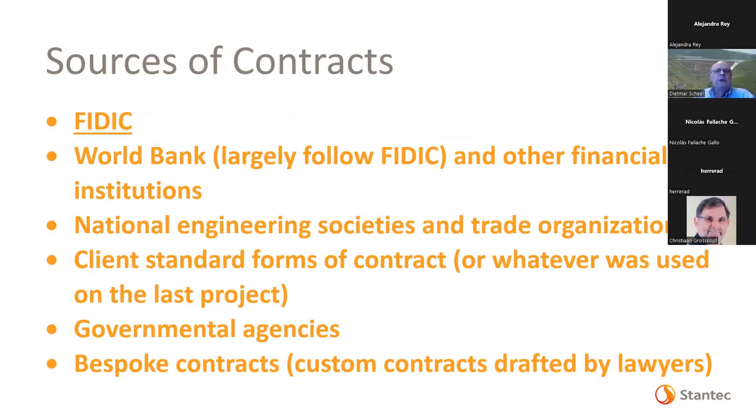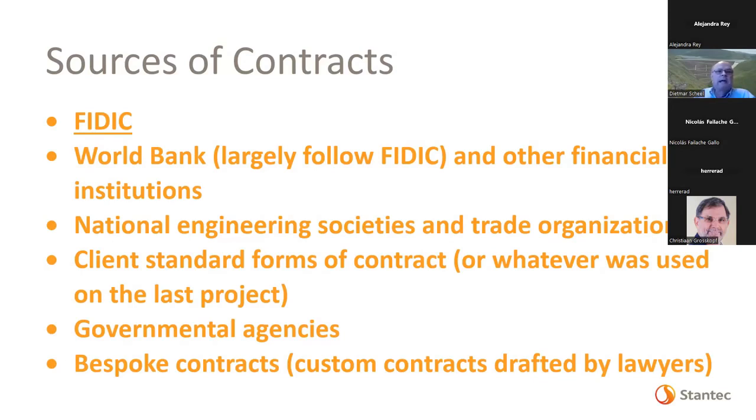Contractors are familiar with them. The large mechanical and electrical equipment suppliers are familiar with them. And those FIDIC conditions are often used by the World Bank and other large financial institutions.